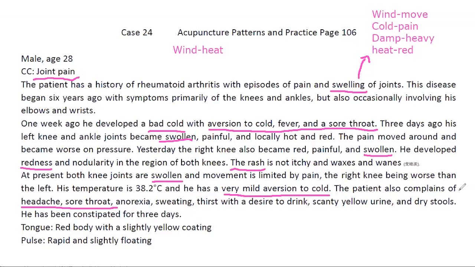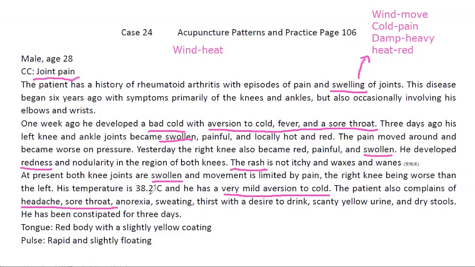Basically, we have two reasons. One is an external reason, it's wind, wind and heat. So that's caused by wind heat in here.